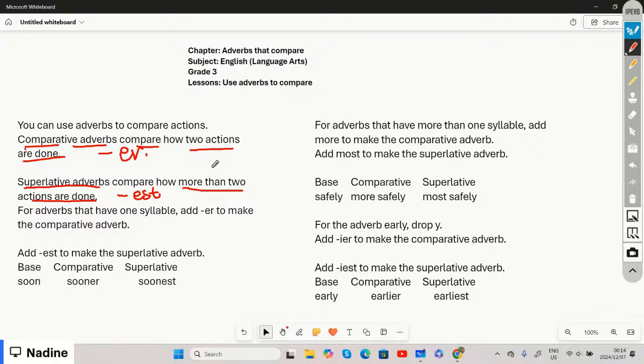And in order for us to make the superlative as well as comparative adverb, we're now going to look at an example. So we usually have our base word. For example, our base word is soon.